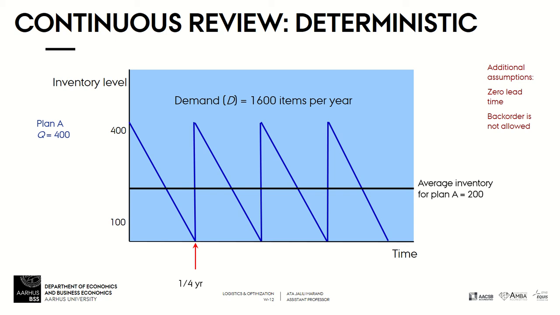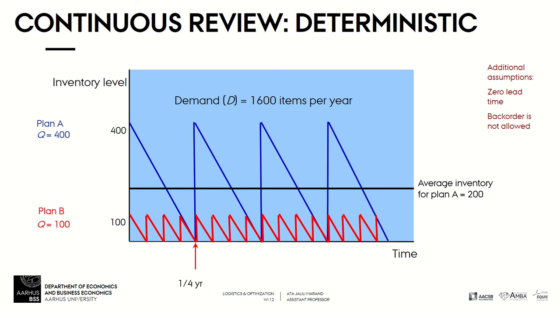Now assume another scenario in which we make orders of size 100. Then we need to make 16 orders per year in order to be able to satisfy demand equal to 1600. This is the red curve that you can see. And of course we can see that orders are made more often, so we are paying the ordering cost more often.